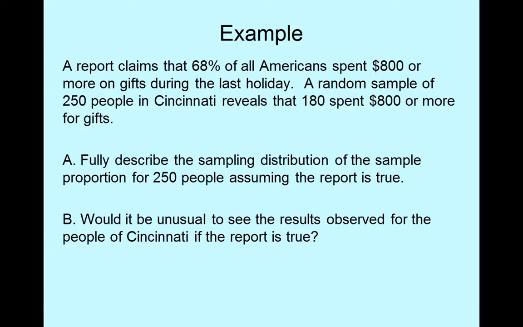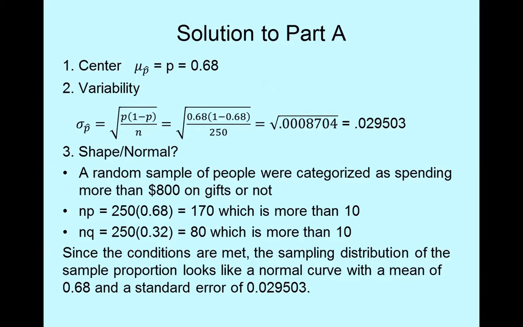So let's start with part A. First, where would the center be? Well, mu sub p hat equals p, which is the rate of the characteristic we're looking at in the population, and that was 68%, so we write that as a decimal, 0.68.